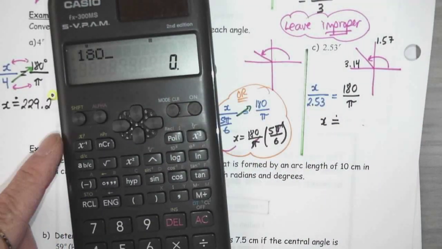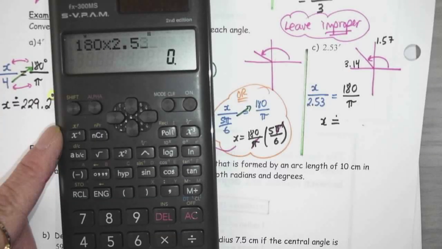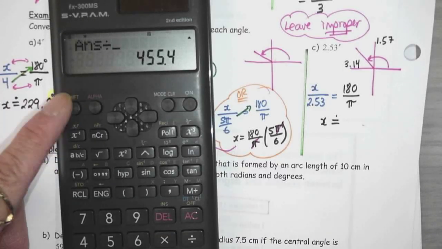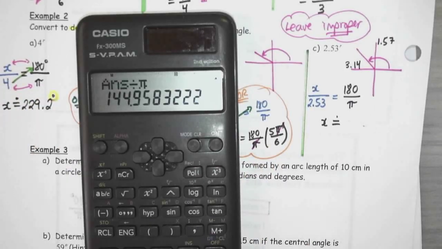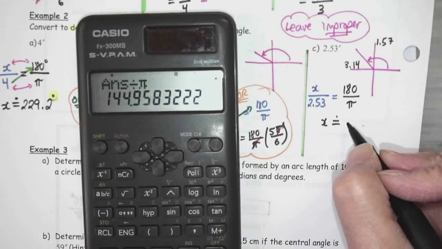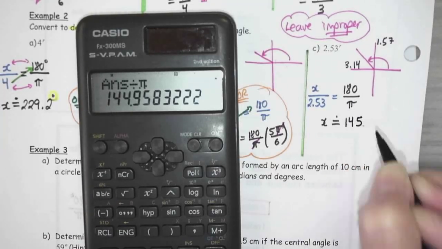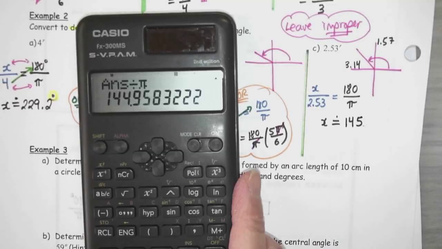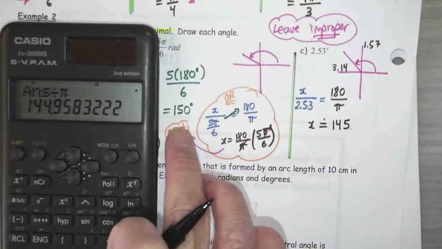I get 180 times 2.53 divided by pi. I purposely chose this one. I get 144.9583232, right? So when you round it, this becomes 0, and it becomes 145. But you cannot put that, because that's like saying that it's exact.